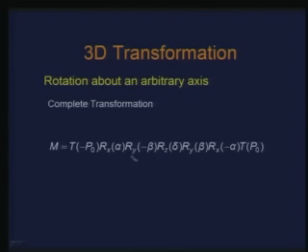So, the inverse of r y minus beta is r y beta, the inverse of r x alpha is r x minus alpha, and the inverse of t minus p naught is t p naught. So, this gives me the entire chain of transformations which I need, and after multiplying these matrices I get one single matrix.